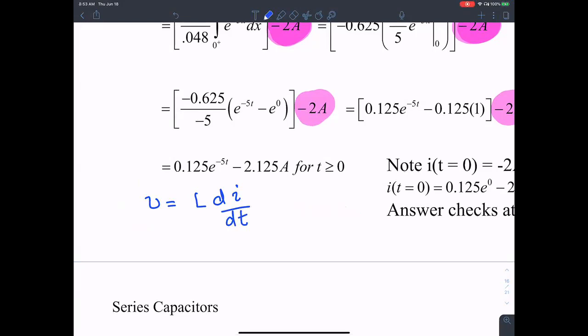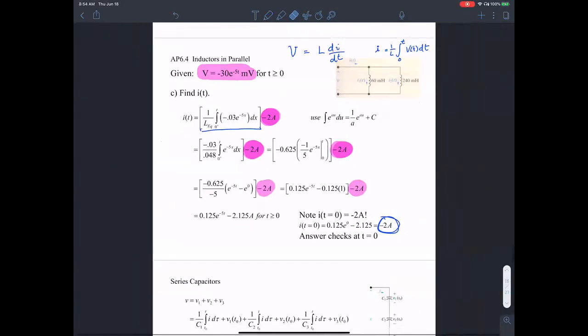In this case, V is given, you calculated the equivalent L, and you are asked to find I. So you rearrange this equation: I is 1 over L, integral 0 to t of V(t) dt. Just like you rearranged the V equals IR formula, it's just a matter of rearranging and calculating the integral. That's all there is to it.